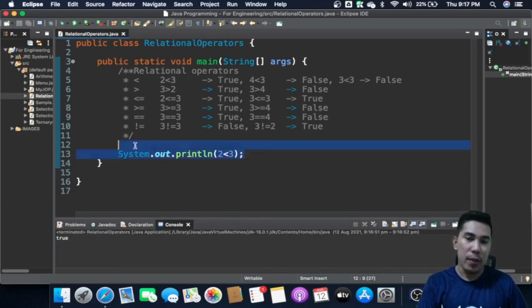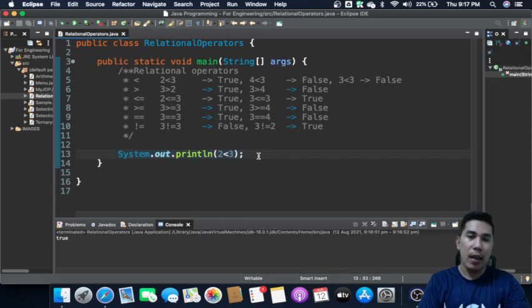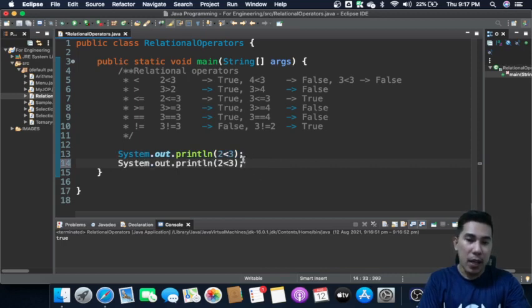Similarly, if you are able to read the way comparison operators are read in mathematics, it's actually the same in programming. So let's say you have here 4 less than 3. Now it becomes false.